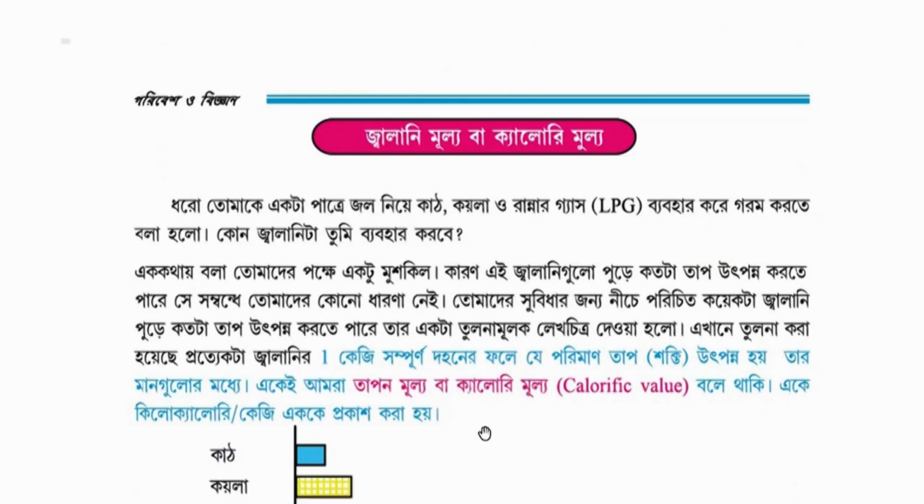Calorific value. What is calorific value? Calorific value is the amount of heat generated by burning or combusting a fuel completely, and it is expressed in the unit kilocalorie per kilogram.